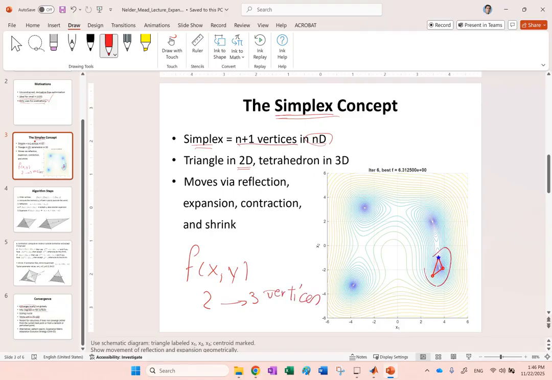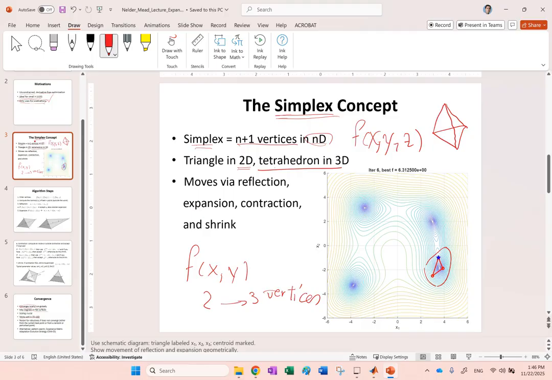A triangle, right? Or if you are in the 3D space, so you have a function of x, y, and z, so you have 3 variables, then you're going to have something that has 4 faces, and you know the name of this guy is called a tetrahedron, right? So a tetrahedron in 3D, and as you go above that, basically, it's not one of the shapes that we know because we cannot even imagine that.